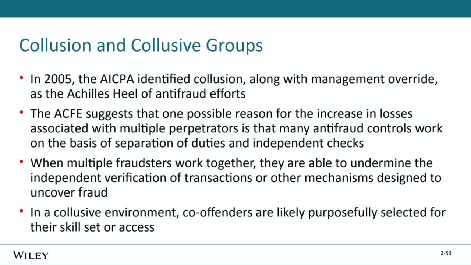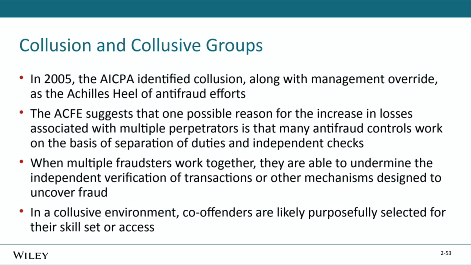Again, most frauds, we saw the statistic last week, are committed by loners. But when you get more than one person involved, you can override a lot of those controls that would be used to detect the fraud and nip it in the bud. They've been overridden.